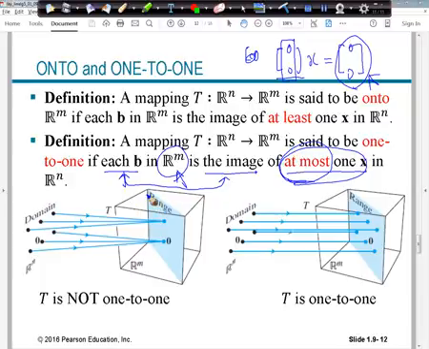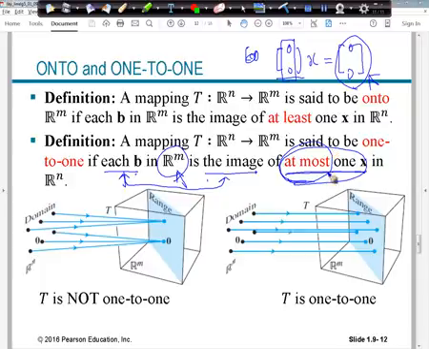Again, in our codomain, all the elements outside of our range get no hit. They don't get hit by any arrows. That's the meaning of a point being outside of our range. So the vector b is an image of at most one x, which includes no x as well.